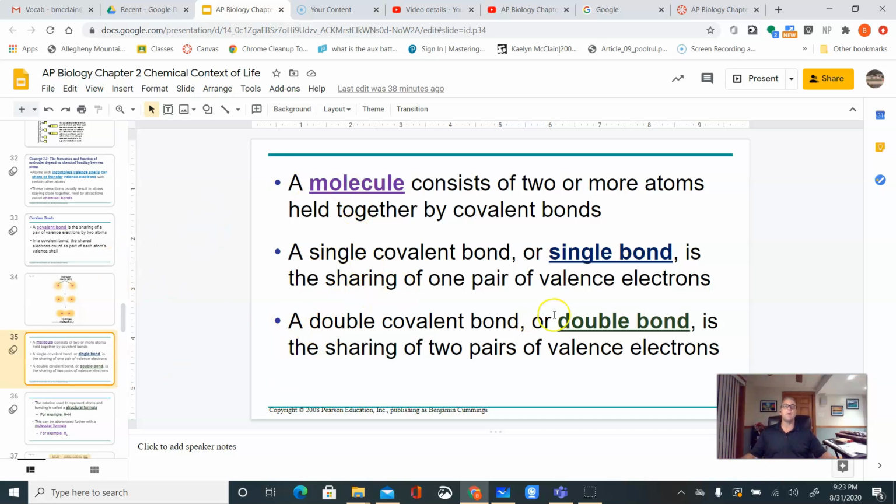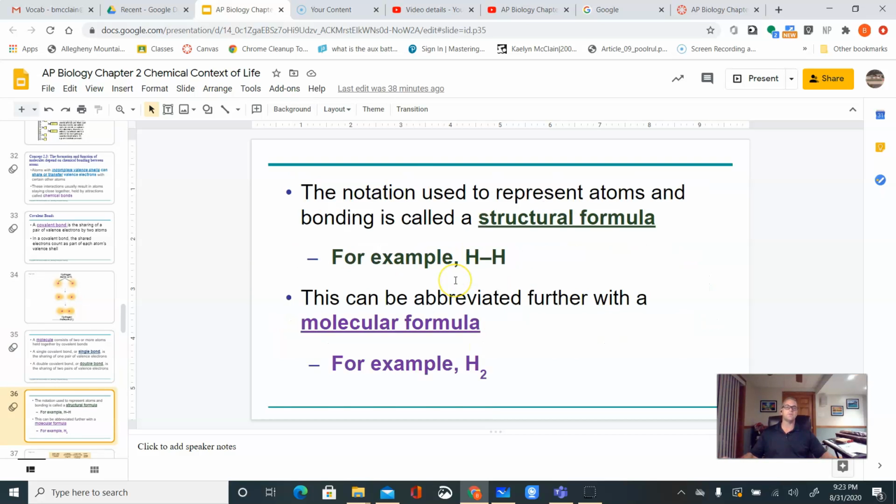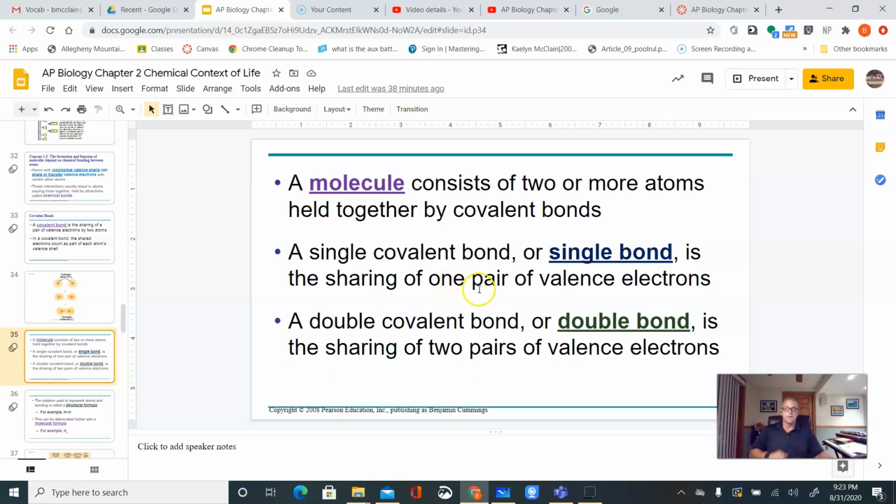Now, when we make a molecule, it's going to have two or more atoms that are held together with covalent bonds. The number of pairs of electrons being shared is going to indicate whether you're dealing with a single, double, or triple covalent bond.